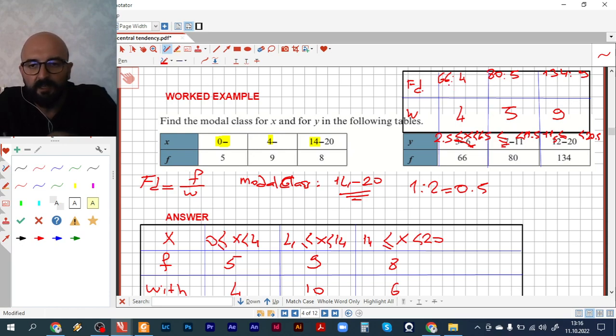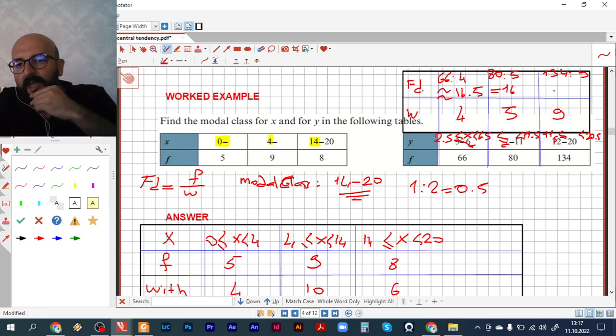Approximately that is 16.5, 1.6, and 14.8.